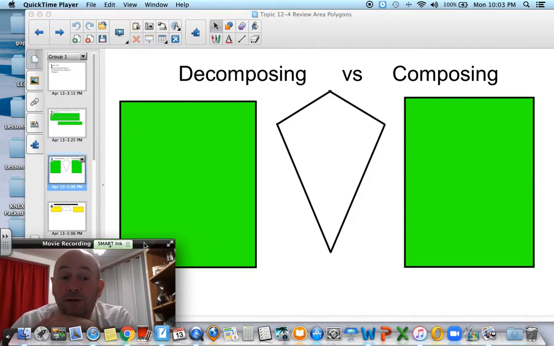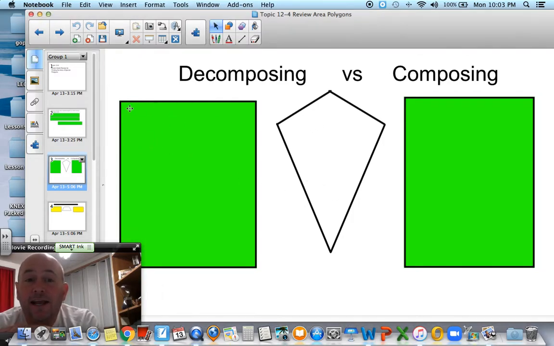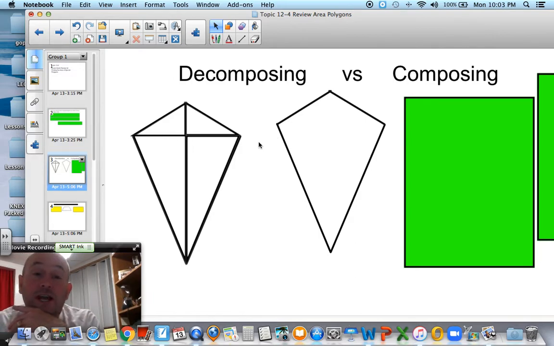All right, I'm going to move myself off to the side here. Okay, decomposing versus composing. Here's a kite. That's what we like to call that shape. Okay, and if you were to take that kite and decompose it, what you would do is you would break it into smaller, more easy to work with shapes, okay?